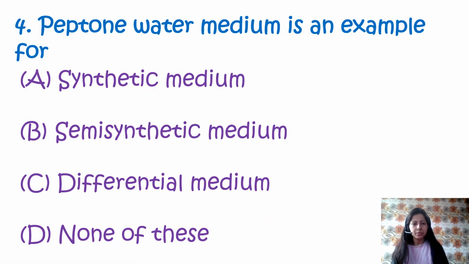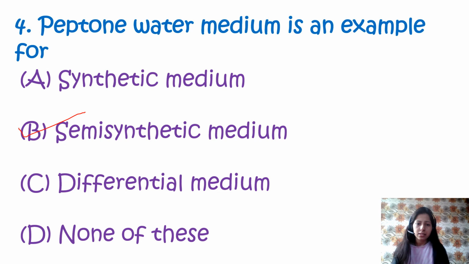Question number 4. Peptone water medium is an example for option A synthetic medium, option B semisynthetic medium, option C differential medium, option D none of these. So peptone water medium is an example of a semisynthetic medium.